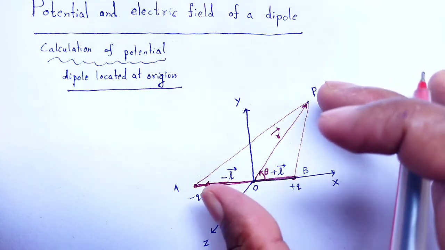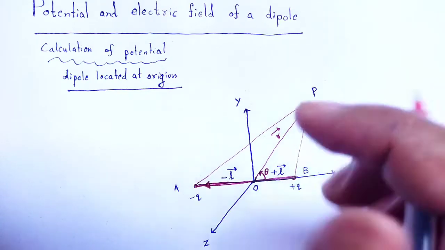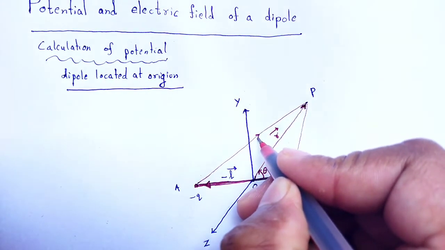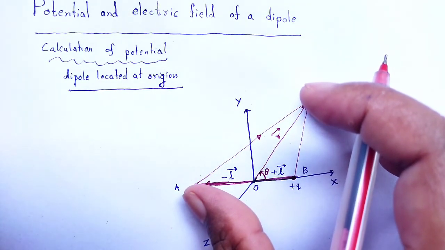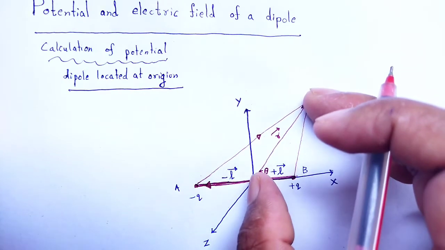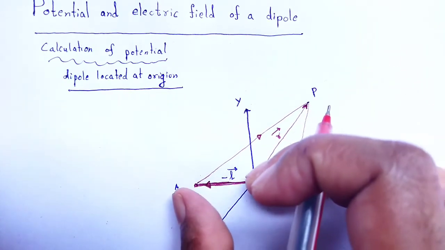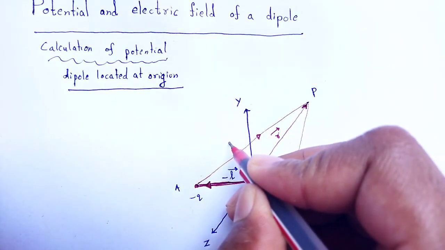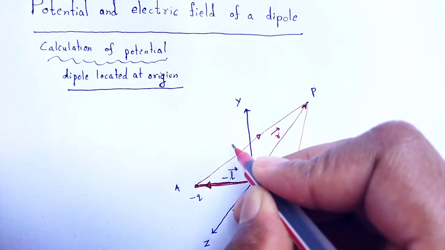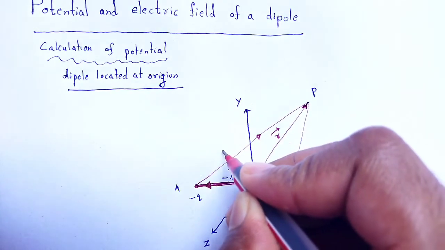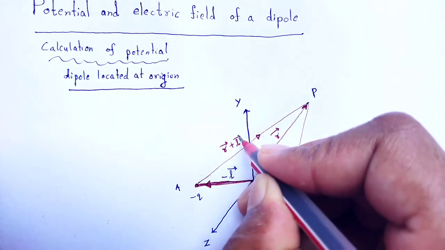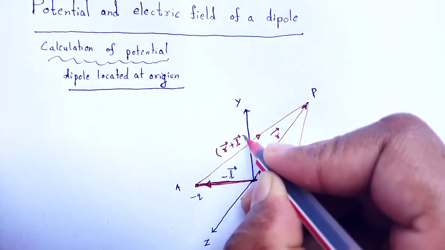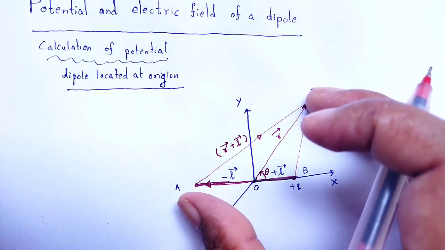Therefore, AP is equal to r vector plus l vector.